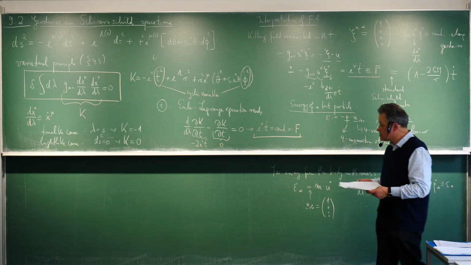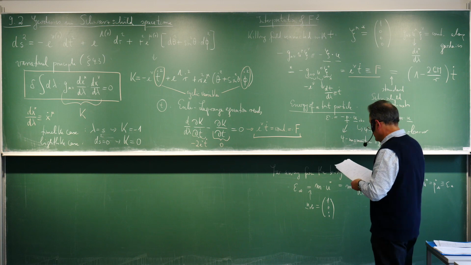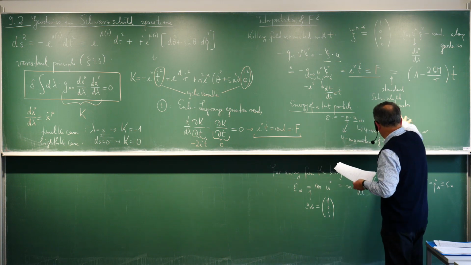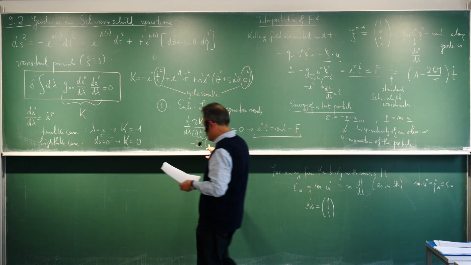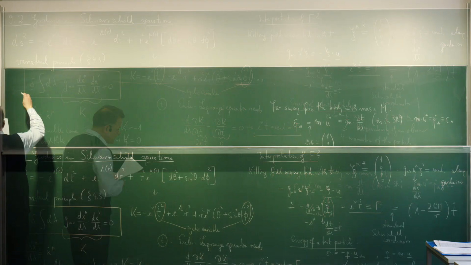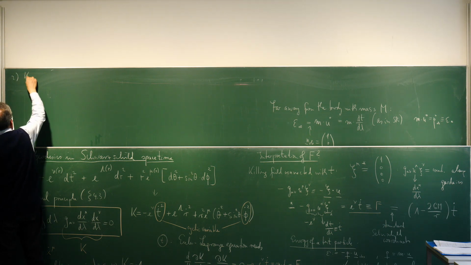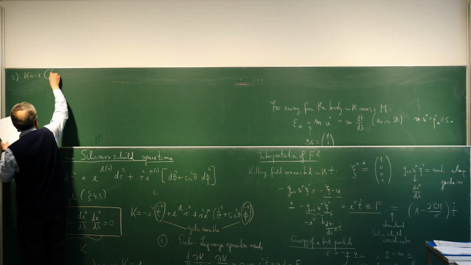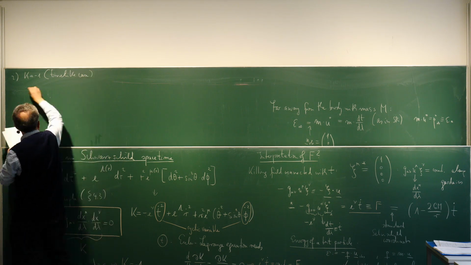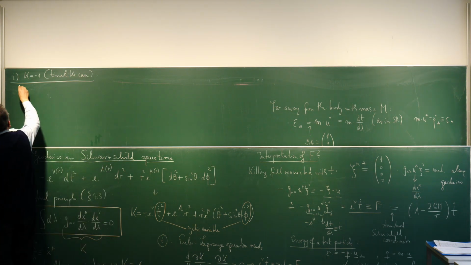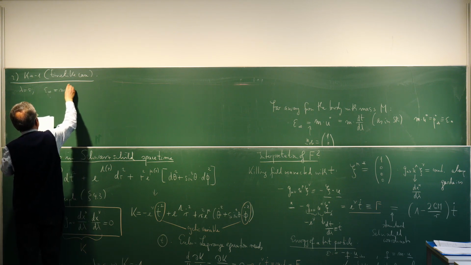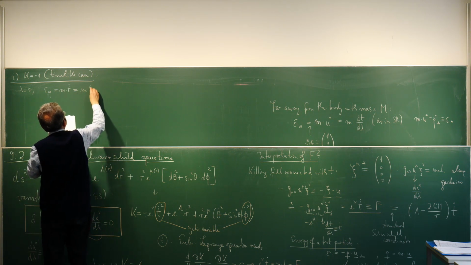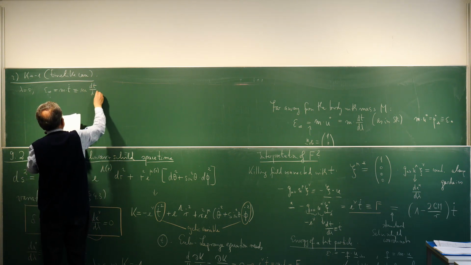Now let me distinguish between the time-like and the light-like case. Of course, this already has alluded to the time-like case, but now let me be more specific. So let me first have k is -1, so this is the time-like case. And so there we have lambda is equal to the proper time. Epsilon infinity is m times t dot, which is m times dt over ds.